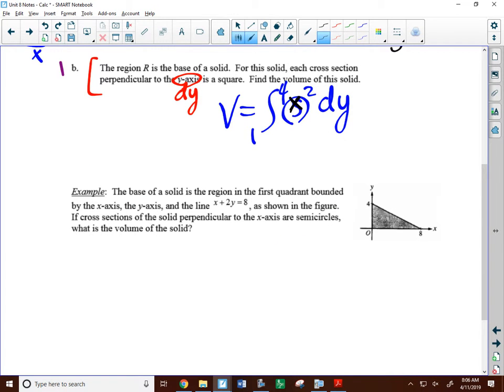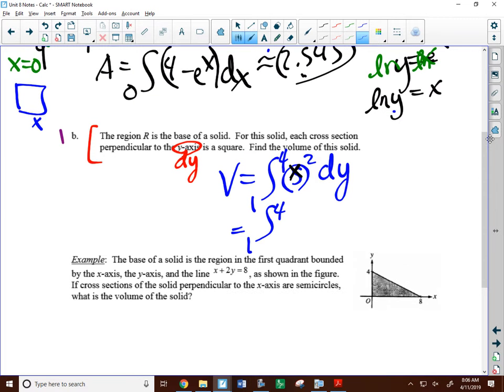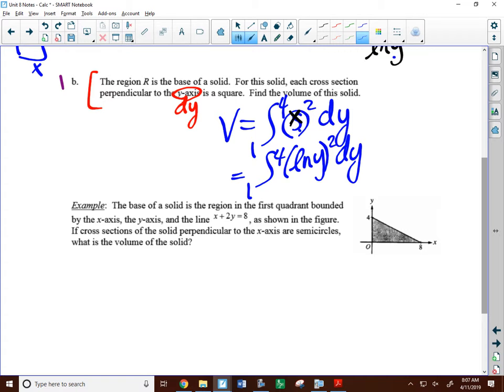I'm going to replace it with x, and I know what x is. We solved for it in the last question. x is ln y. So there's why I kind of jumped to that third step. Here's the first one. Then the second one was, all right, it's x. Plug in what x is. It's ln y. Okay, and we just put in our calculator.